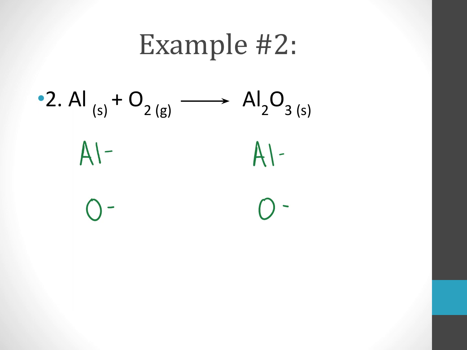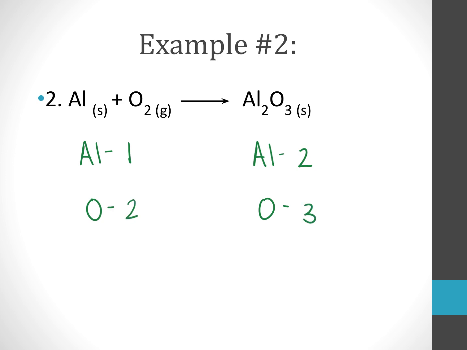All right, once we copy the equation down, then we'll just tally up the elements on each side. How many aluminums are on the left? 1. How many aluminums are on the right? 2. How many oxygens are on the left? How many oxygens are on the right?